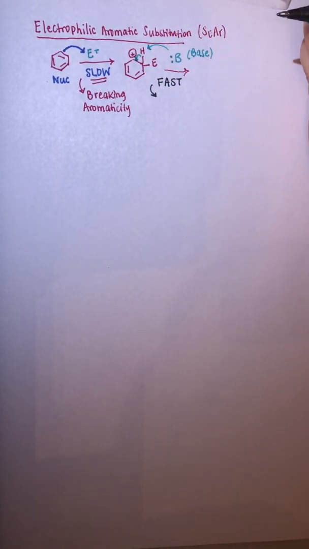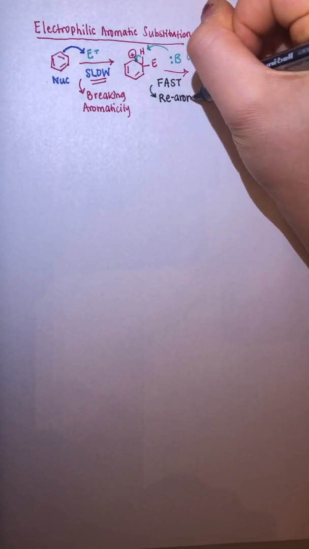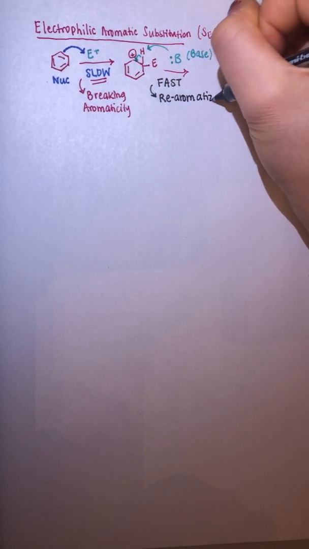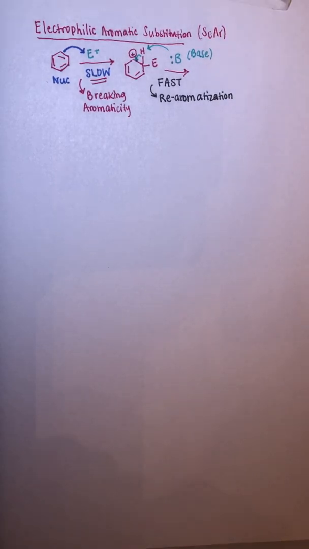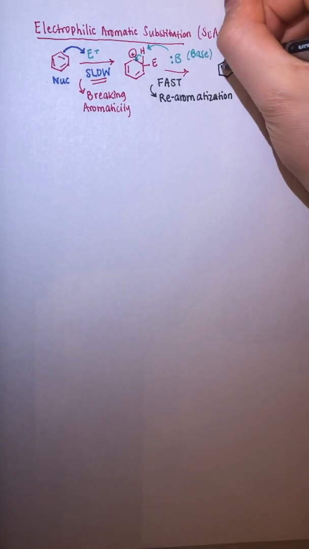And why is that? Very good, I can hear all of you saying it: re-aromatization of the ring. So we're regaining aromaticity, and therefore that step is fast. And finally, our product is going to be the benzene ring with the electrophile that we substituted it with.